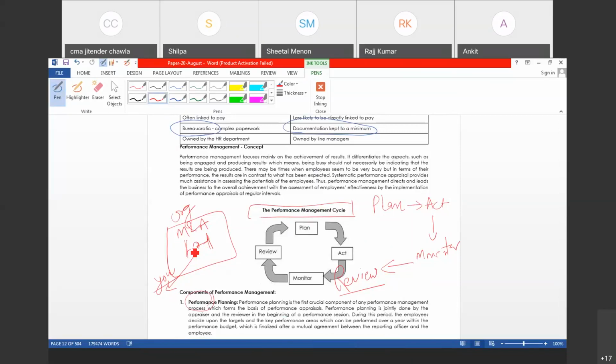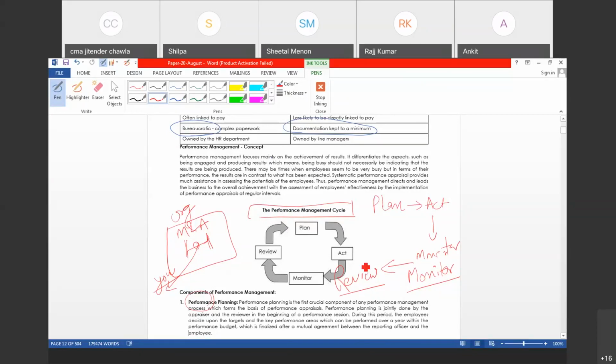You start from planning, from the action course, or from the monitoring course. So the basic question is at what position, at what time you are injected in the organization, right? Because when you are considering a factory, the employees are very busy in production. So how can you do performance management? First, you can monitor them, you can review them.